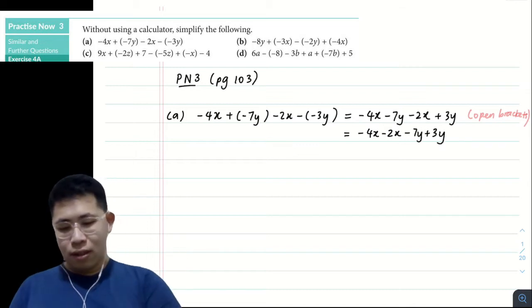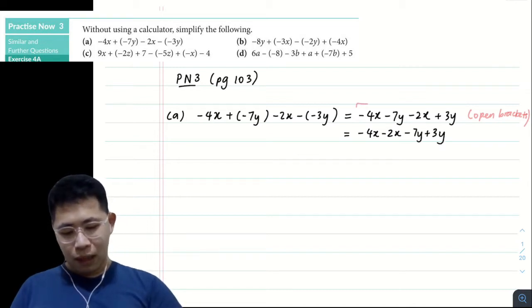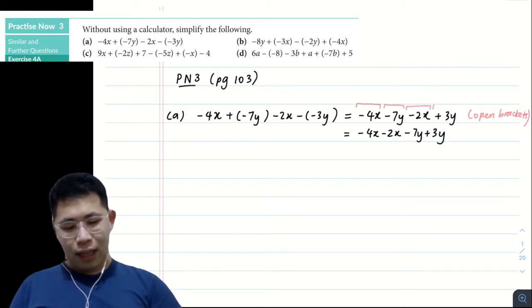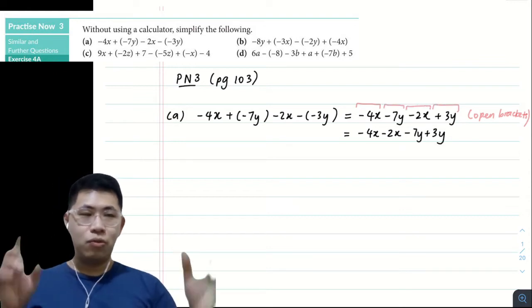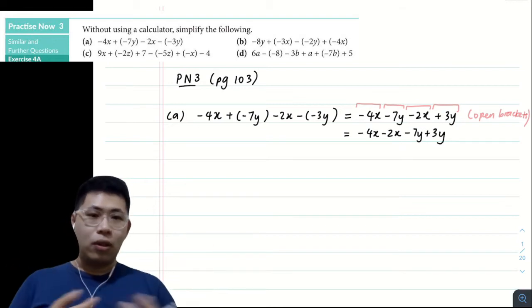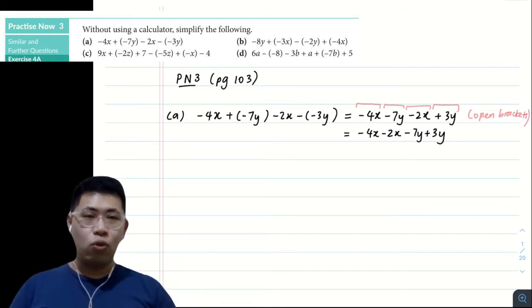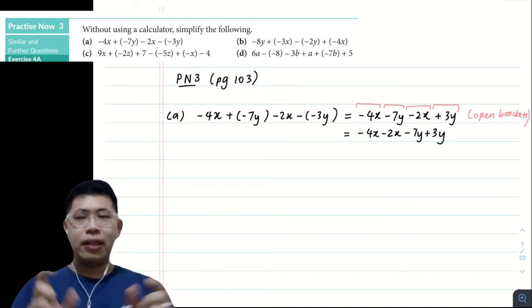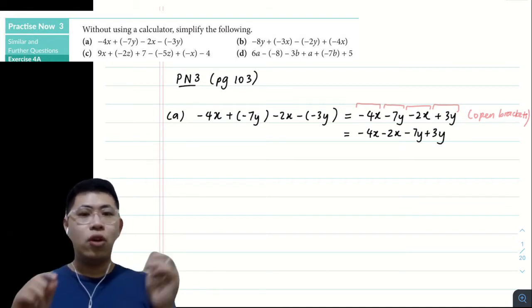When we rearrange our terms, take note that the coefficient of the terms shall be moved together. When we talk about the coefficients, we include the positive and the negative sign. So when we rearrange them, the positive and negative sign will move together.